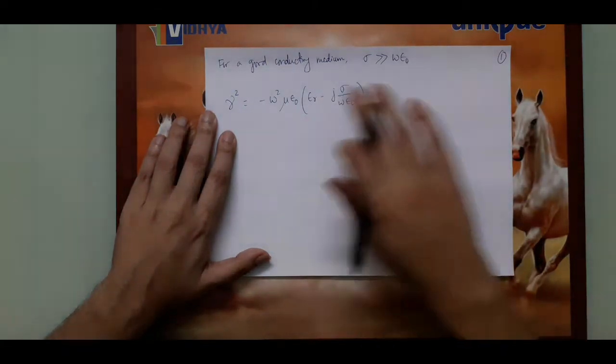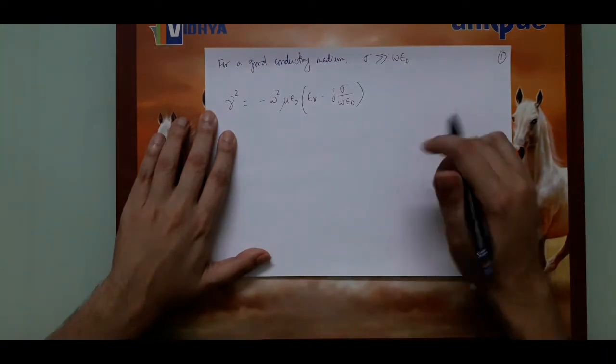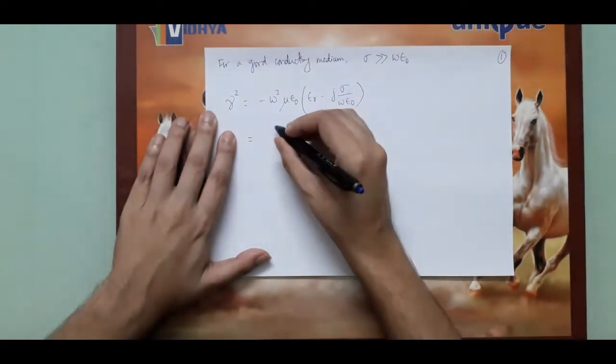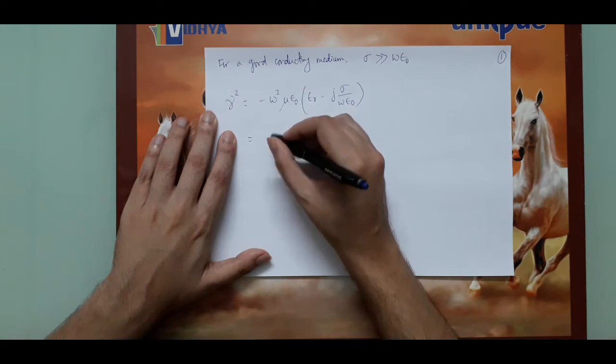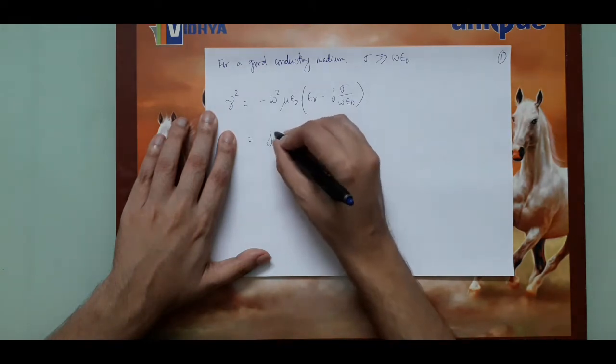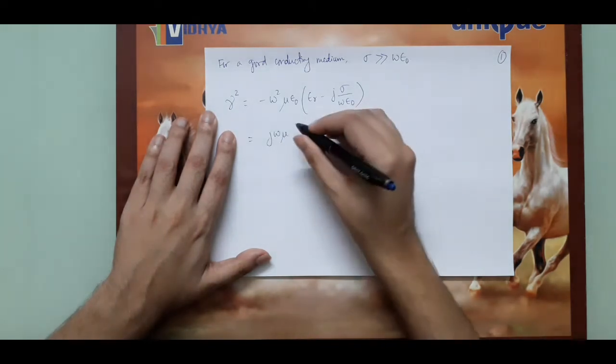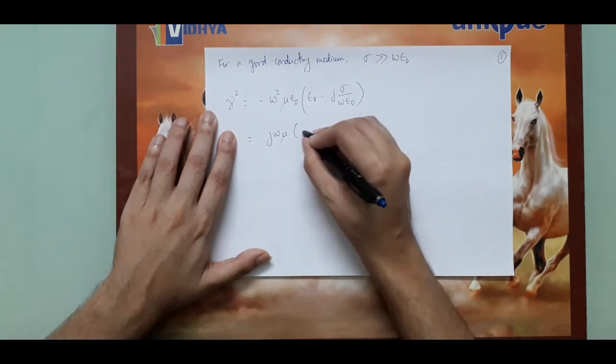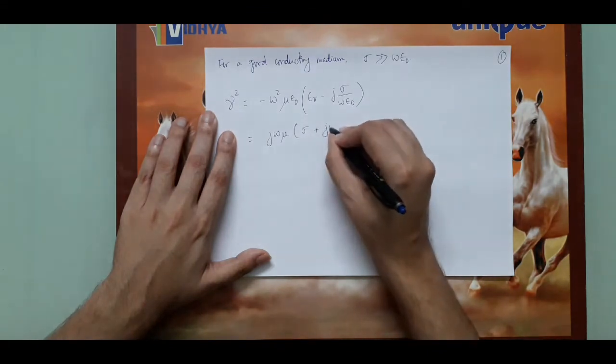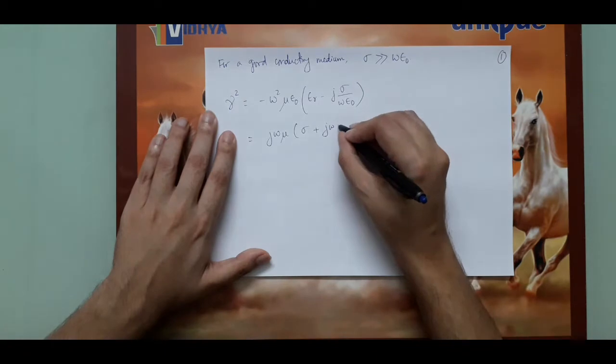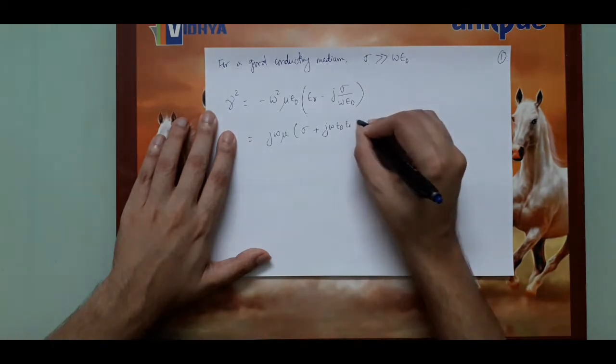Just opening the bracket and regrouping the terms, we had derived that gamma square reduces to j omega mu times sigma plus j omega epsilon 0 epsilon r.